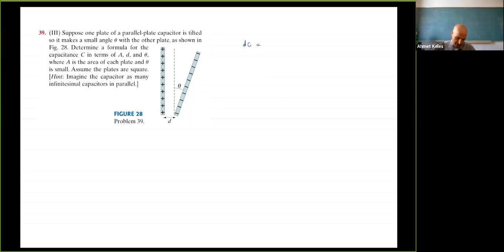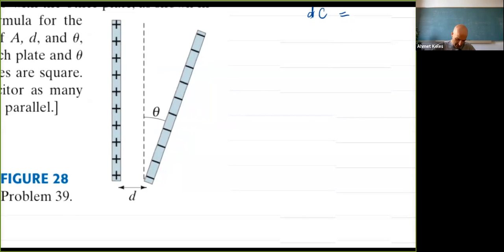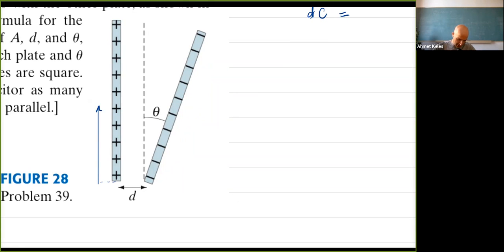I need to label a little bit of stuff here. So let's call this L, actually let's call it Y. And this little chunk here is dy. And this is a little capacitor and it faces this other guy here. And I need to know the distance.